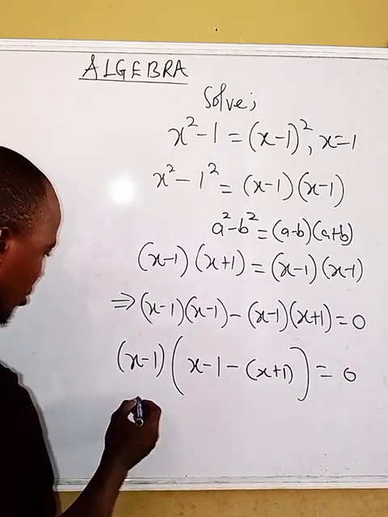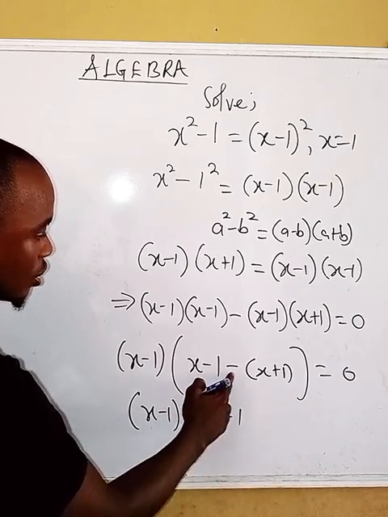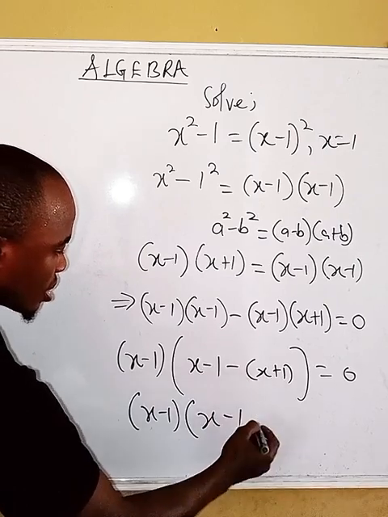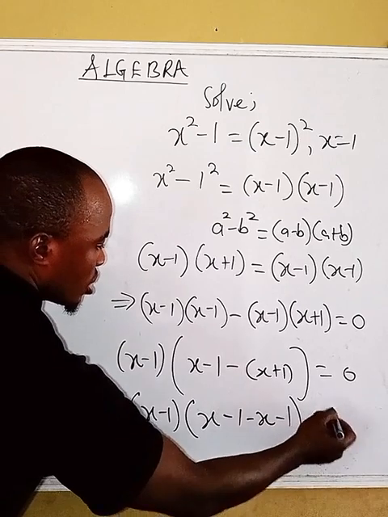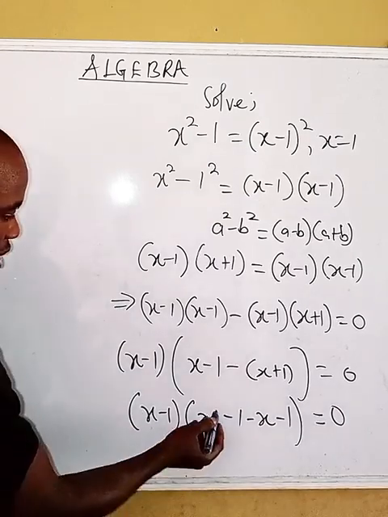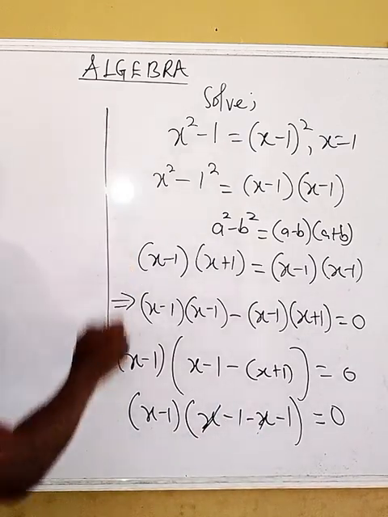So now from here, we have x minus 1, times the bracket. To open the bracket, minus times x is minus x, minus times this is minus 1, equals 0. Now x minus x is 0, so we cancel it.